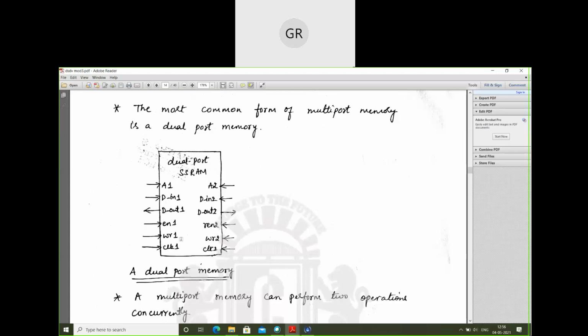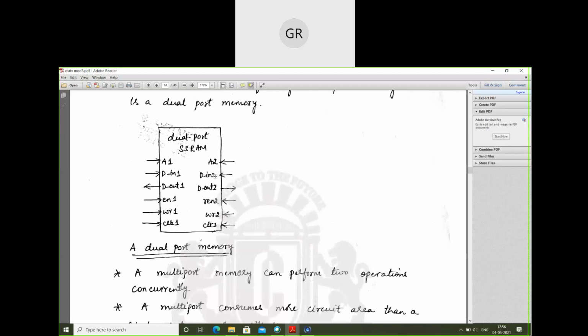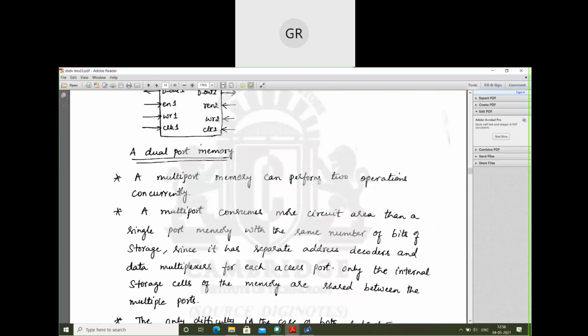Two clocks, dual means two. That's why it is called dual port memory. A multi-port memory can perform two operations concurrently.